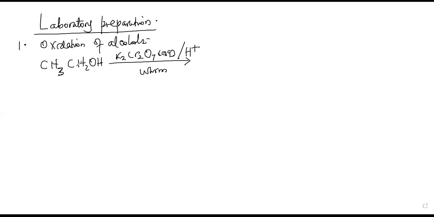When we warm this ethanol, we shall form ethanal. Being a primary alcohol, it gets oxidized to an aldehyde. So you need to know that primary alcohols go to aldehydes. This reagent, one can as well write it as Cr2O7 2- with H+. Still, that is acidified potassium dichromate(VI).